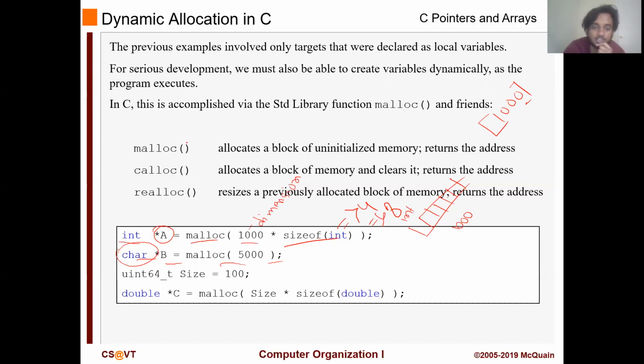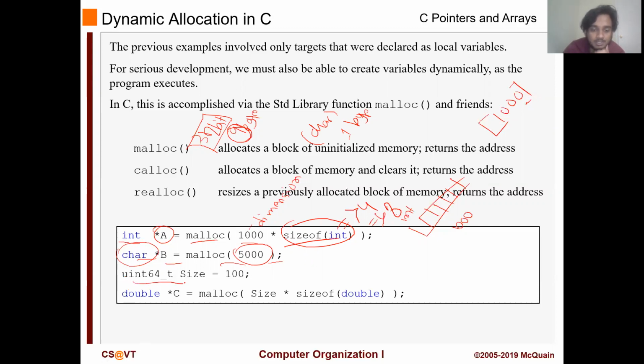So an integer is usually 32-bit, so if you try sizeof int, it's going to return 4 bytes. sizeof always returns how many bytes are needed for that specific data type. If you write sizeof char, it's going to return 1 byte. So in this case, we are creating 5000, and we don't have to multiply by sizeof char because we know that sizeof char is always going to be 1.